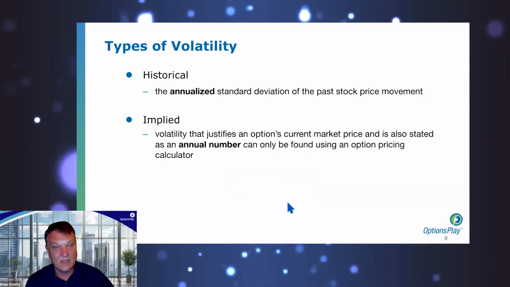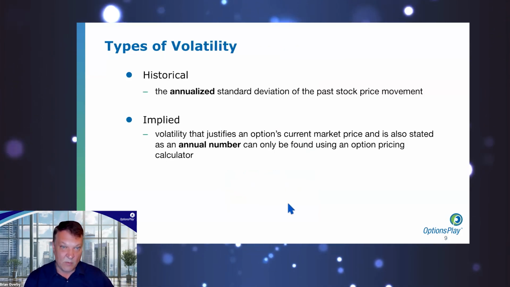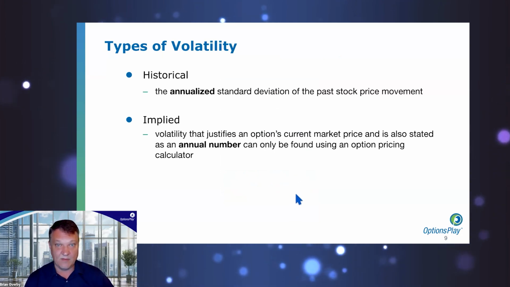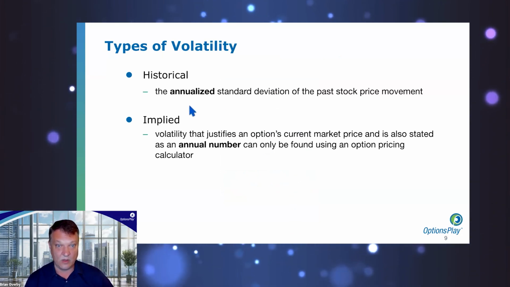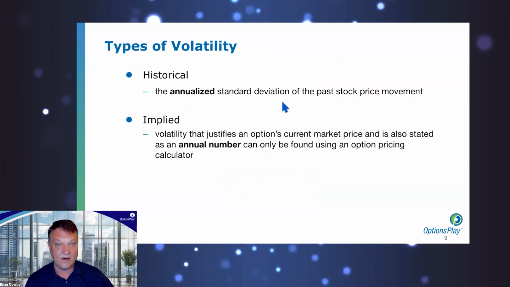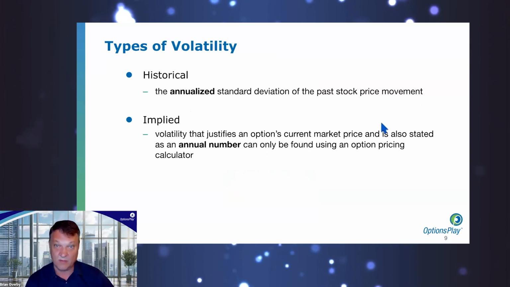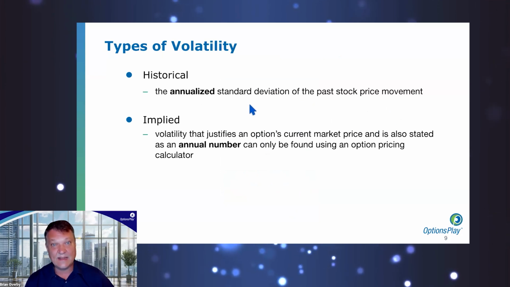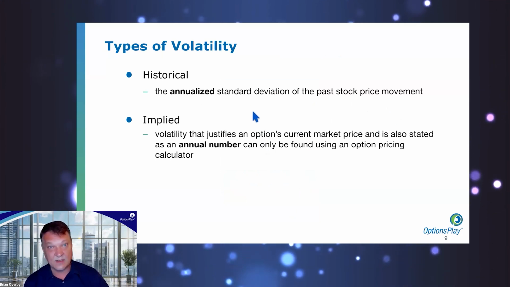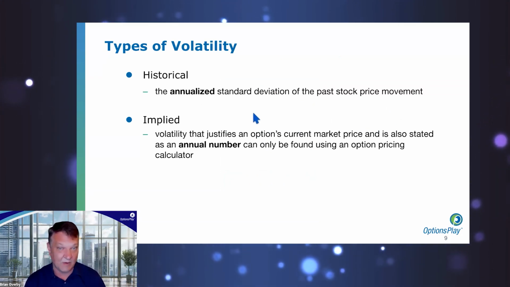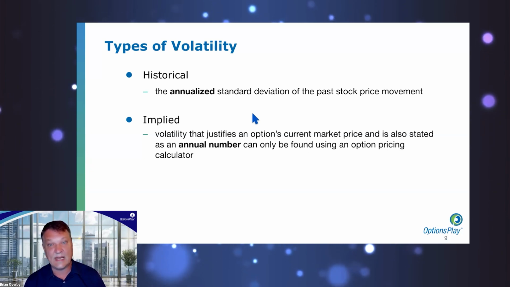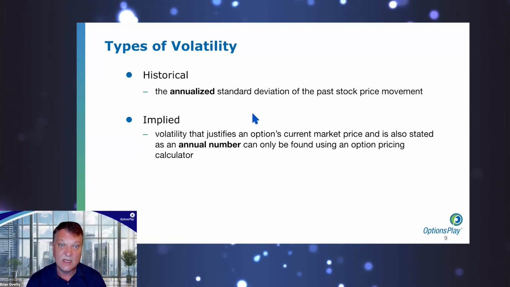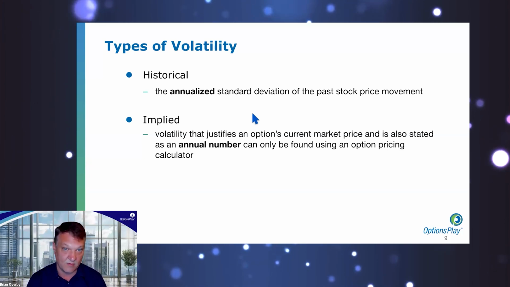To answer that, first let's define the terms. There are two types of volatility. We have historical volatility, which is the annualized standard deviation of stock price movement. It's already happened. It's a fancy way of saying we looked at the highs and lows day in and day out, looked at how volatile the stock was over this period, and came up with a historical volatility.